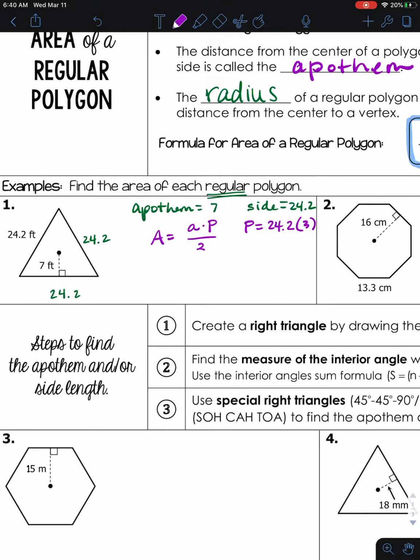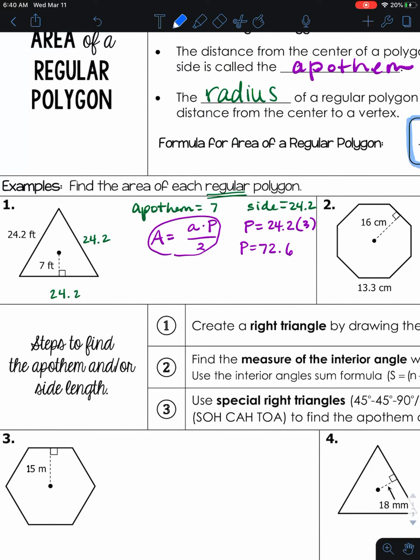Type that in your calculator. 24.2 times 3. So the perimeter here is 72.6. Now I think we have everything we need to plug into our formula.